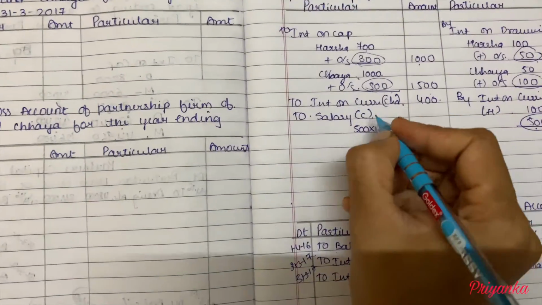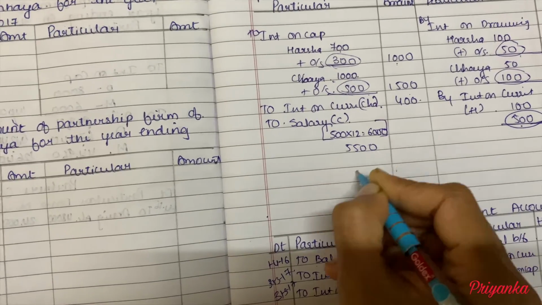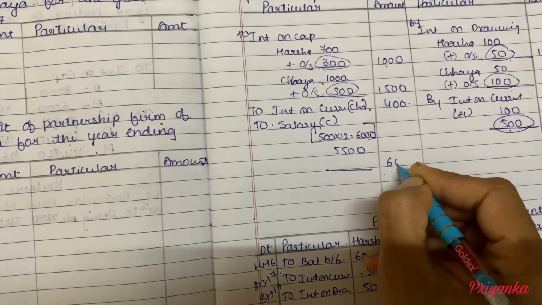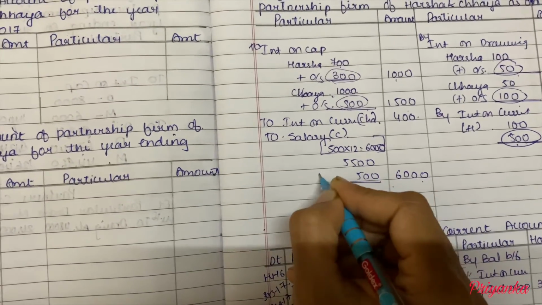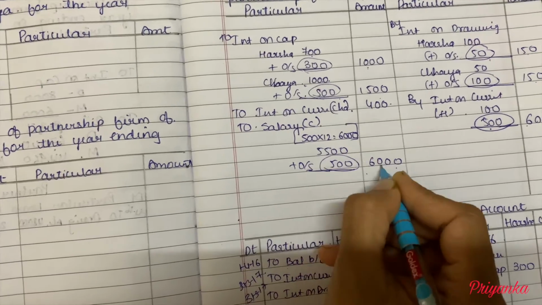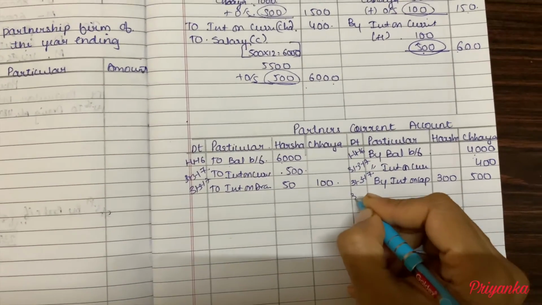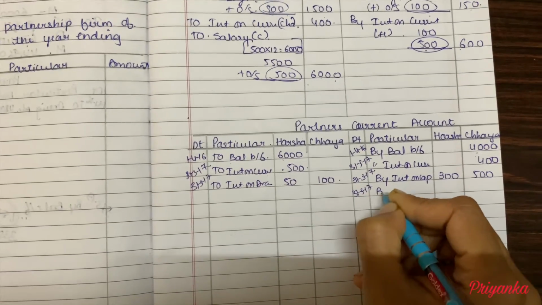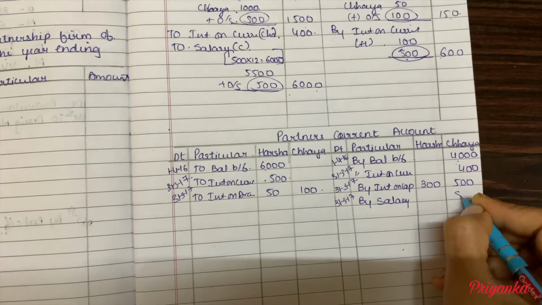So I'm just keeping this calculation inside. 5,500 is given in the trial balance, and with the calculation it should be 6,000. So here comes the difference of outstanding 500. So the difference of these two is going to move into your partner's current account, 31st March 2017, by salary in the column of Chaya.